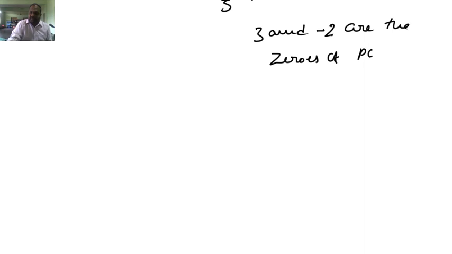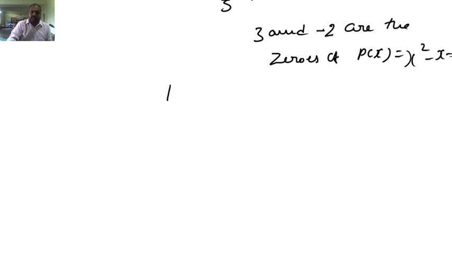Check whether 3 and minus 2 are the zeros of p of x is equal to x square minus x minus 6. x square minus x minus 6.